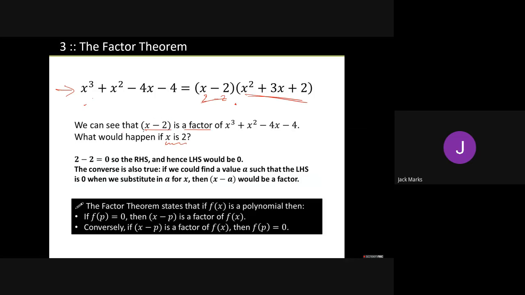Well, it says if you have an algebraic factor, so I'm going to call this an algebraic factor, x minus 2, it says if you have x minus a, it will mean that a is an actual number that you can just substitute in, a is a factor.